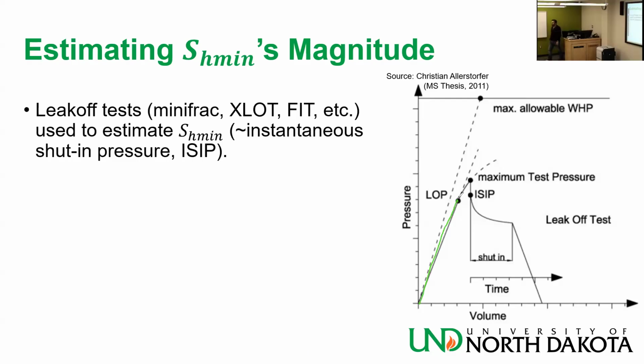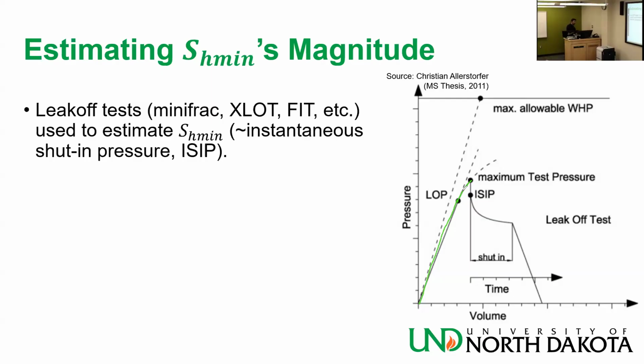And then it gets to a point where I keep pumping, the pressure increases, but not as much. I get this deviation in the slope. It starts kinking down. That means I'm injecting, but the pressure doesn't go as high as I'm expecting. Why is that the case? Because the fluid starts leaking into the formation.